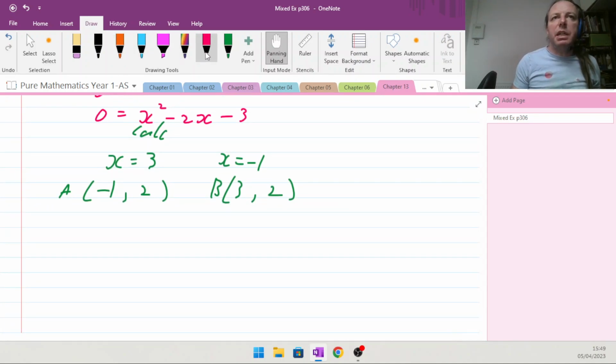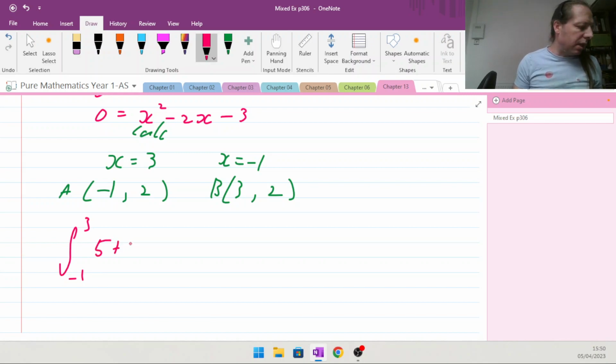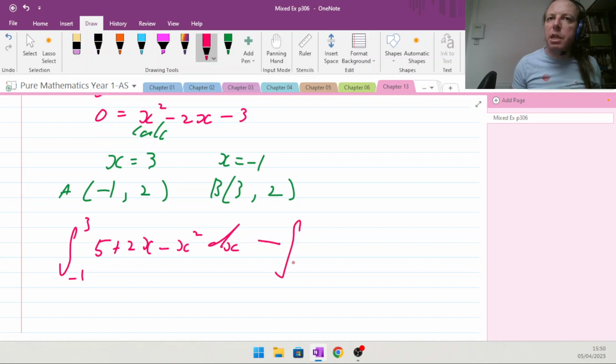Let's find the integral between the x bounds of 3 and minus 1 of the original equation, which was 5 plus 2x minus x squared dx, and we are then going to take away the integral between 3 and minus 1 of y equals 2 dx.